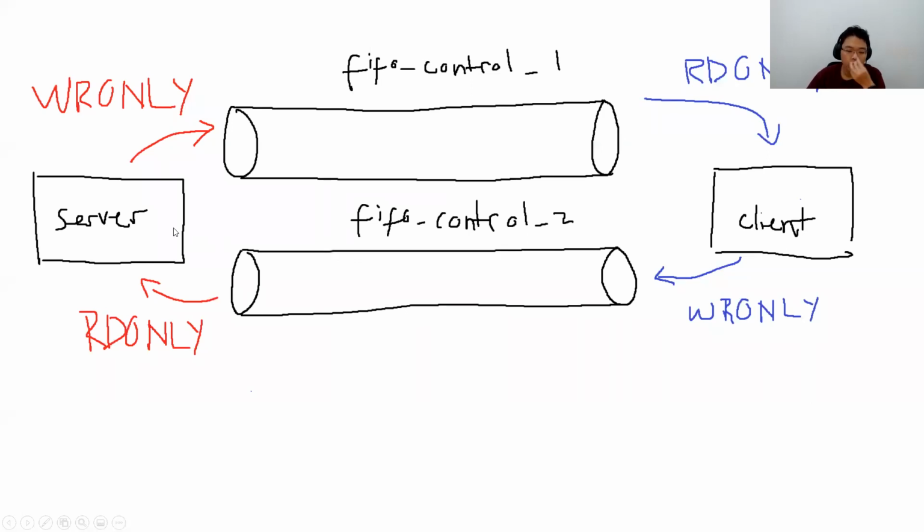So if you're going to make a new channel, make sure you delete the new channel first before you delete FIFO, or else you will be killing the server before it has a chance to destroy all the old unnecessary communication channels. So one thing to make sure of is that quitting FIFO control 1 or FIFO control 2 must be done at the very end.